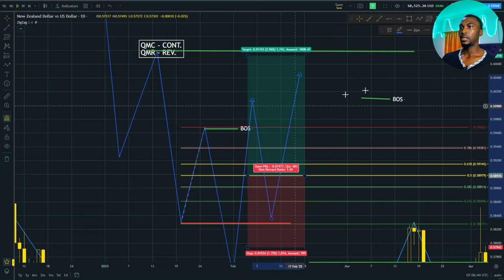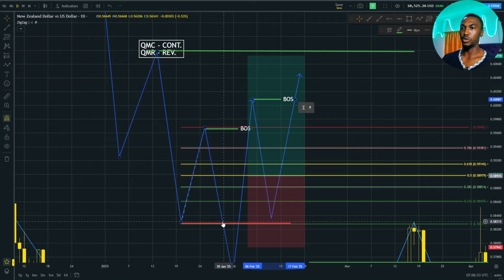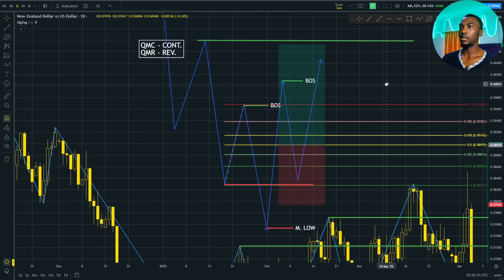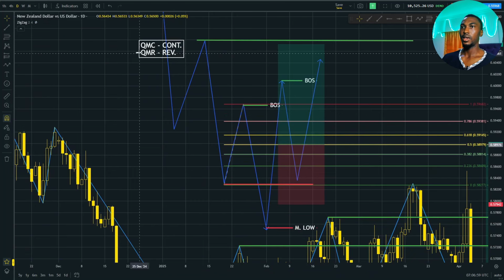This shows that there is a continuation. Continuation is that price does the exact same thing again, but this time it doesn't take out this low. It moves down and goes up and takes out this high instead. So this is now a continuation, so this is now a QMC.